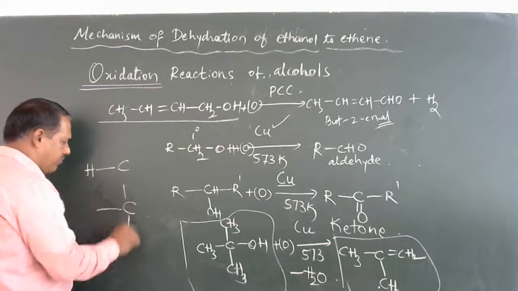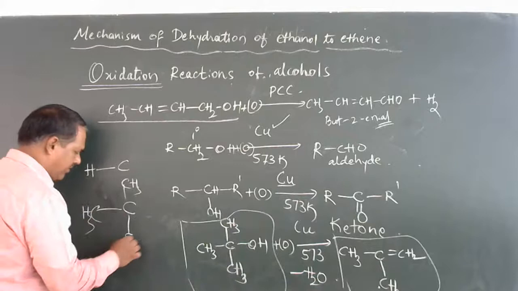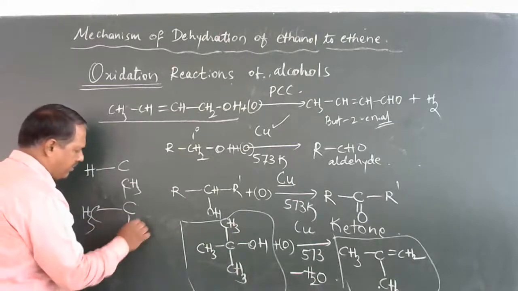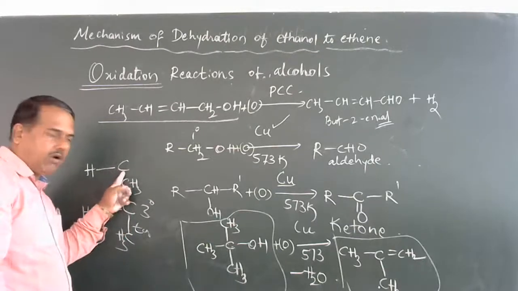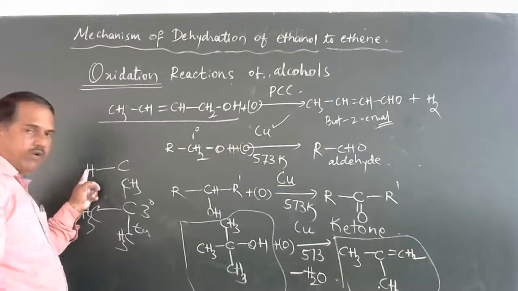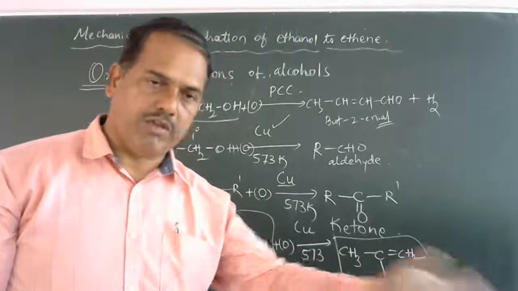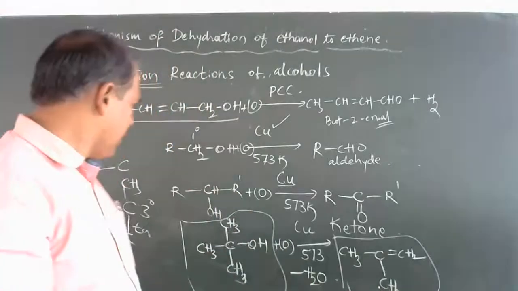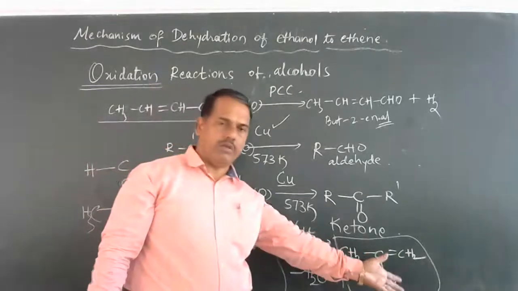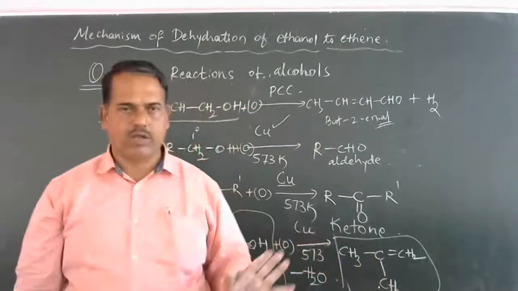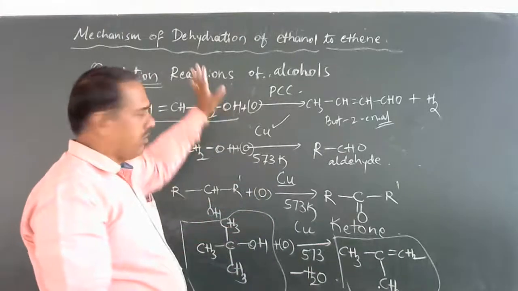This carbon is attached to three other carbon atoms, CH3, CH3 and CH3, and this is a tertiary carbon. As the carbon atom is not attached directly to a hydrogen atom, dehydration takes place. The water molecule is completely eliminated, so therefore an alkene is obtained. That you have to remember. Are you clear?